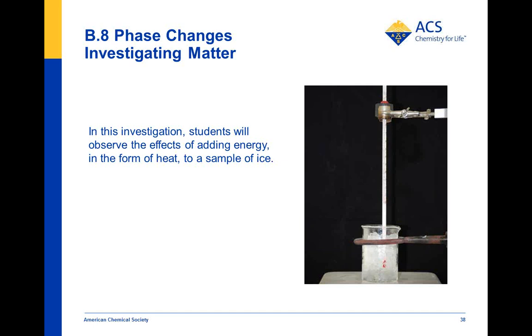It doesn't take very long, and at first I thought, well, this is kind of a simple lab. This doesn't show very much. But it really helps students understand that there's still energy going in even though there's no temperature change when we are changing phases. And it turns out that this will also be useful later on when we look at distillation. So it's a little bit of foreshadowing.